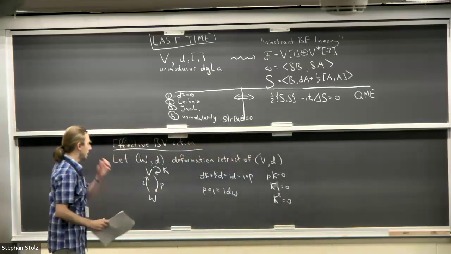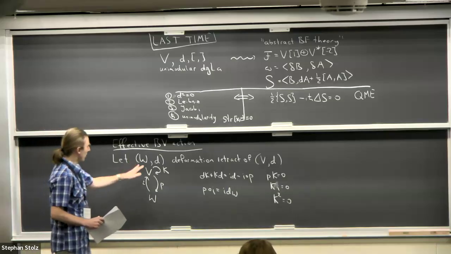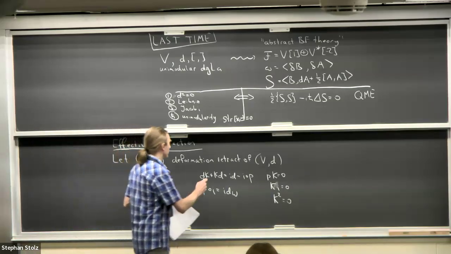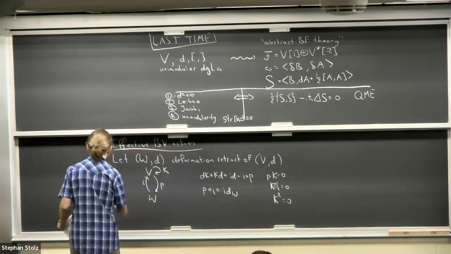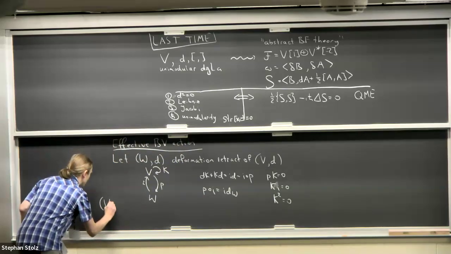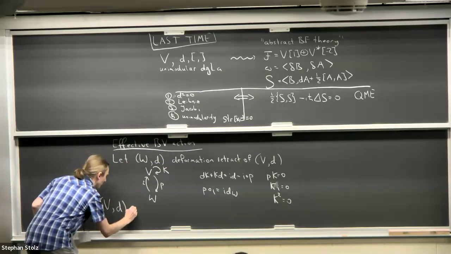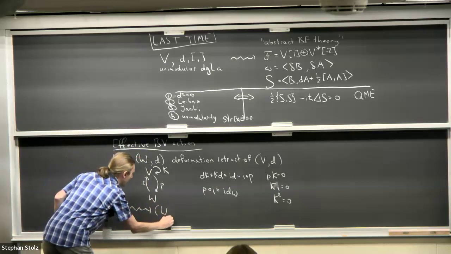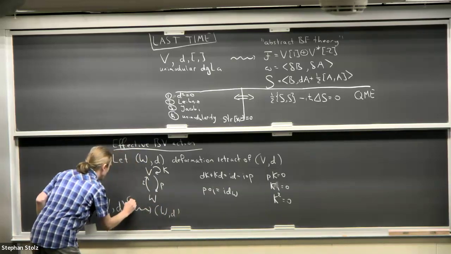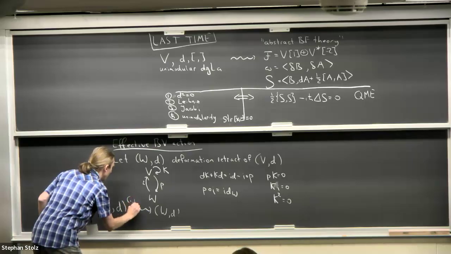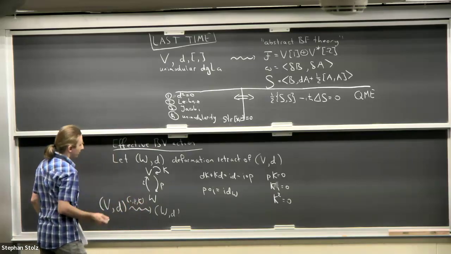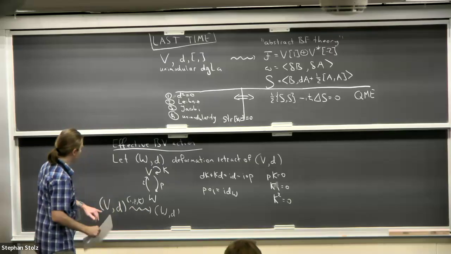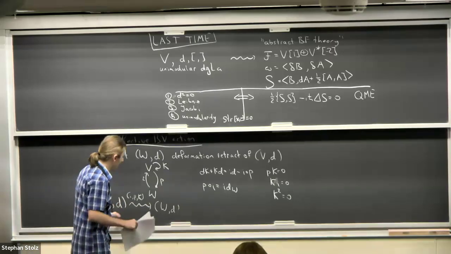Such a package of data, I, P, and K, I will pictorially draw as a squiggly arrow from the big complex to the small complex, and write these three maps here, I, P, K. There are many names for this data.